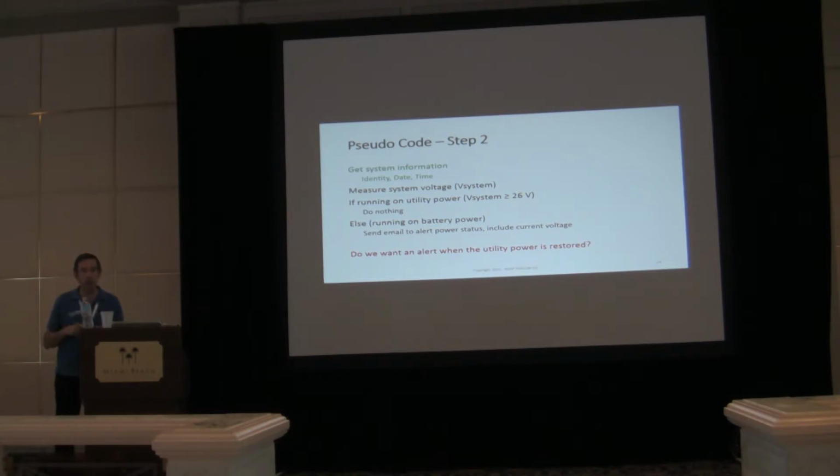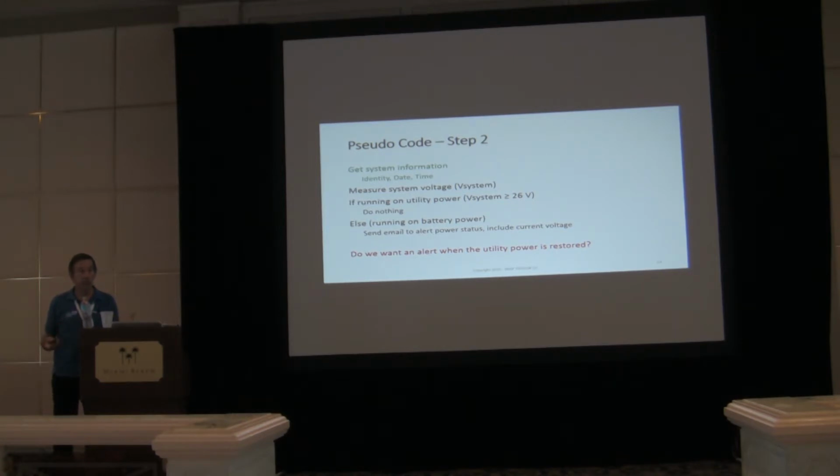And this is one thing, if you haven't done it on your MikroTik routers, set the identity, set the SNTP, and get the real time in the systems, because you want that for this sort of thing. So we're going to add that information in. Well, we now know when it goes down. So, do we want an alert when the utility power is restored?